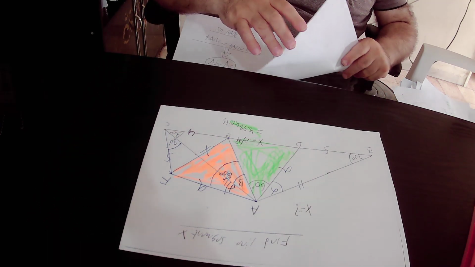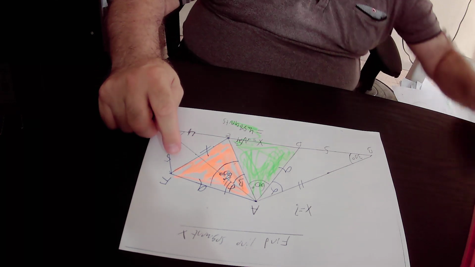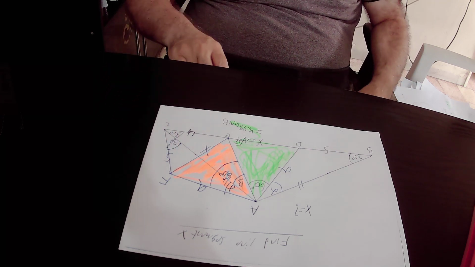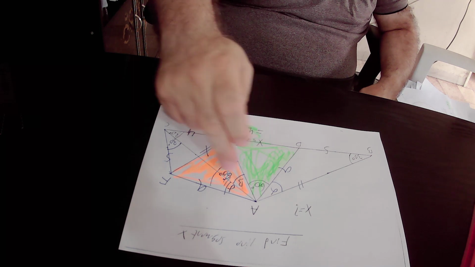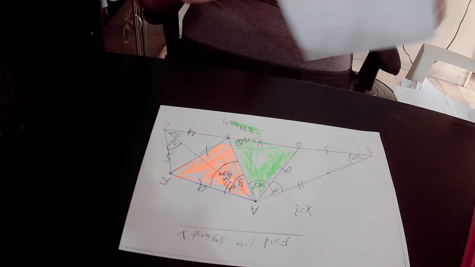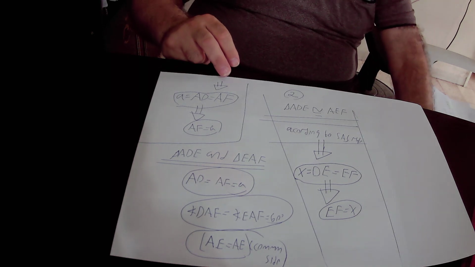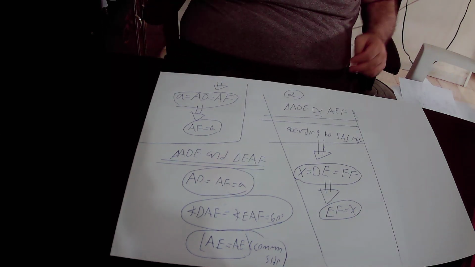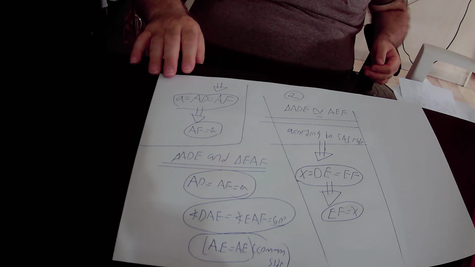And the second thing that we conclude from the fact that those two triangles can go into each other is that side AD equals side AF, according to the same rule that corresponding sides in congruent triangles are equal to each other.